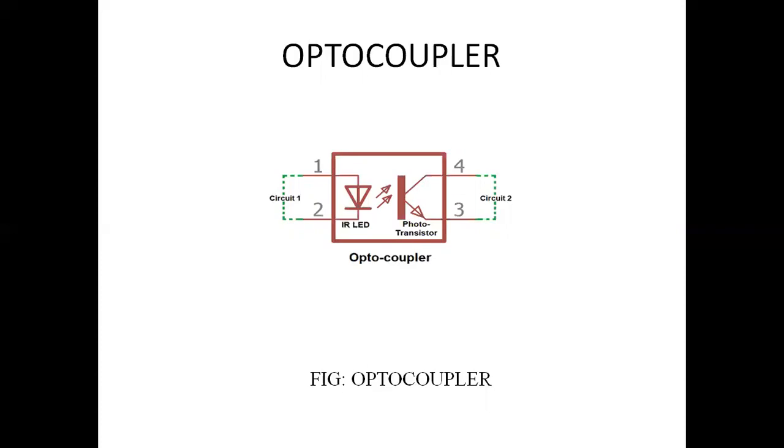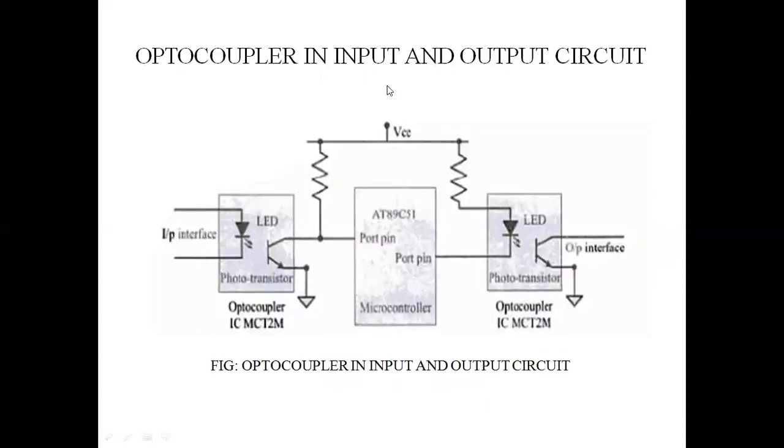Optocouplers can be used in either input circuits or output circuits. The optocoupler is a combination of an LED and a transistor. One end will act as an input interface, and the other end, the right hand side, will act as an output interface.